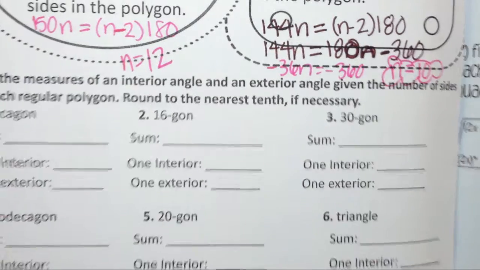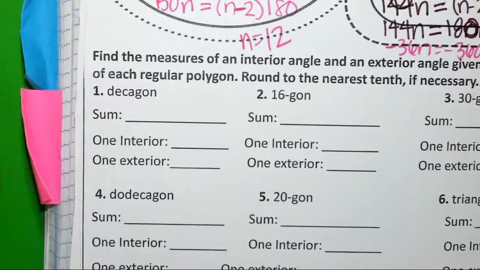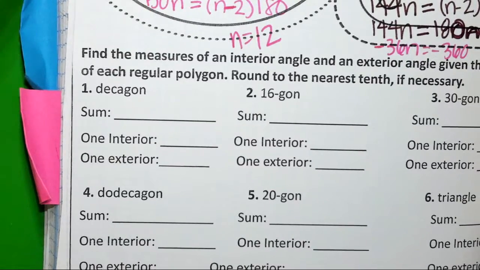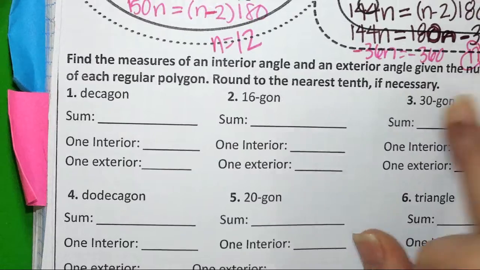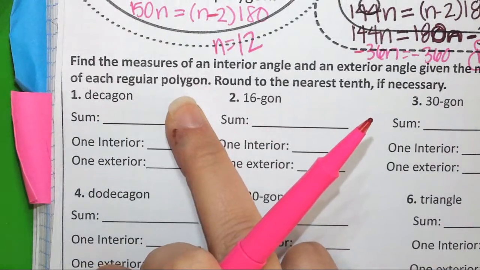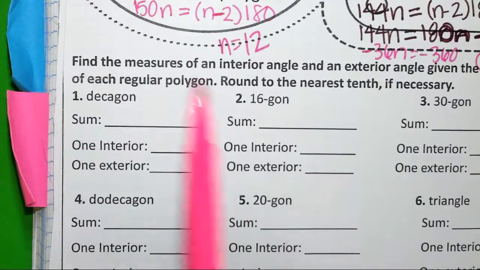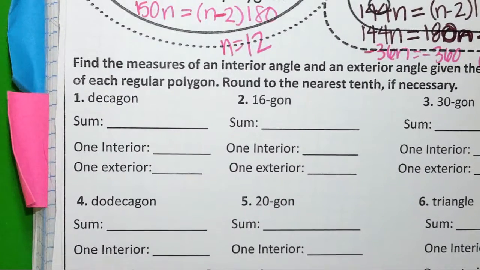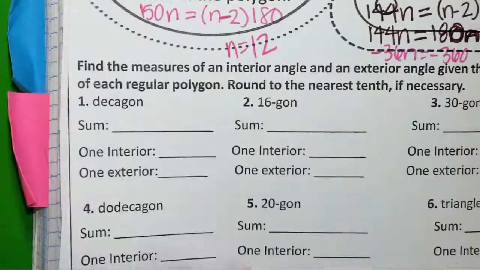Okay. Are we ready? Let's look at what it asks us to do on the last of the problems. It says find the measure of an interior angle and an exterior angle given the number of sides of each regular polygon. Round to the nearest tenth if necessary. So, how would we find the sum of a decagon? Isn't that what we did on the previous page?